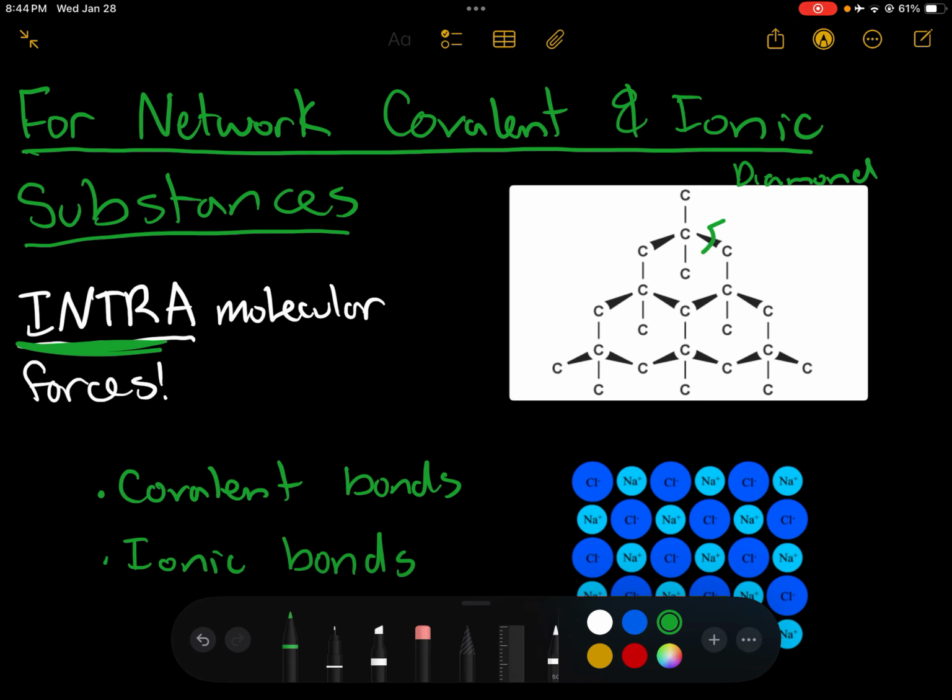That would mean I'd have to break covalent bonds, right? Because in a diamond, in a network covalent substance, every atom is covalently bonded to every atom around it. So to melt it requires a huge amount of energy. And so we need to break one of the strongest bonds that exists, a covalent bond.